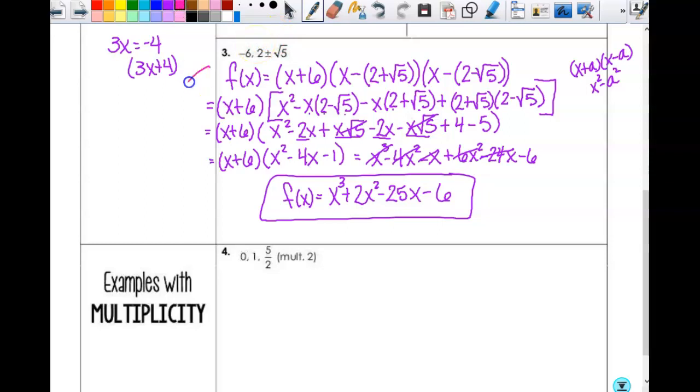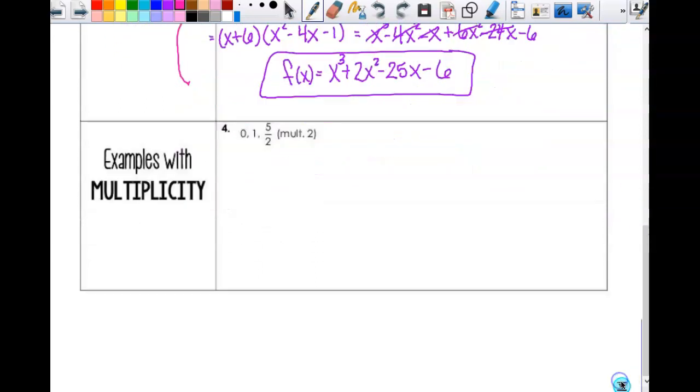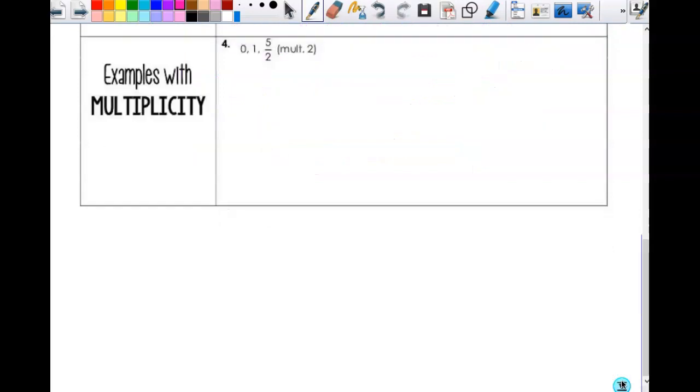Every single skill that it takes to get through the work is Algebra 1. Okay, so you cannot make excuses about, hey, this is so hard and it's pre-cal. Well, those are all Algebra 1 skills that you have to be able to keep up with your own work in there. All right, now let's see what happens with multiplicity.